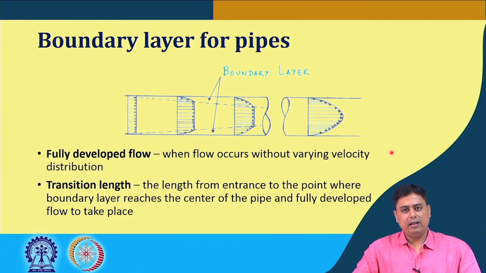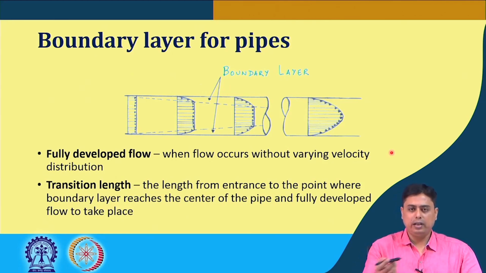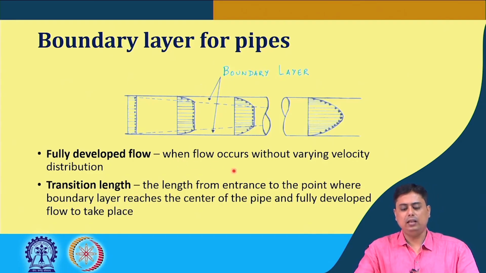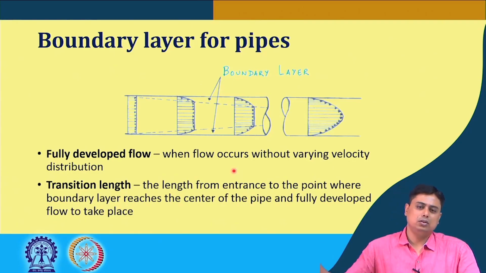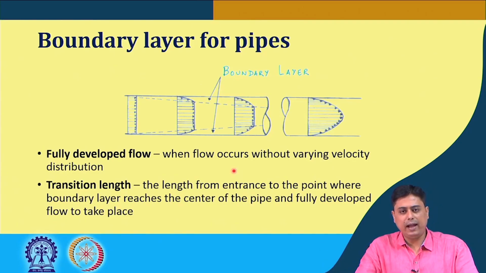So, the fully developed region, we can say that where the boundary layer coincides at the central line of the fluid, and that is when the flow profile does not vary with its distance from the inlet to the outlet. So, from that point onward, we can say that the flow profile is now fully developed, and its velocity distribution is not changing along the axial length of the pipe or the conduit.